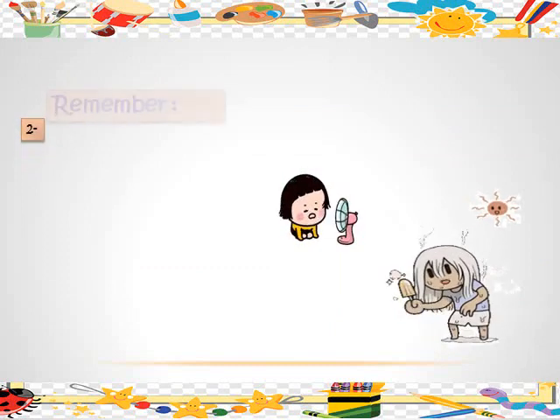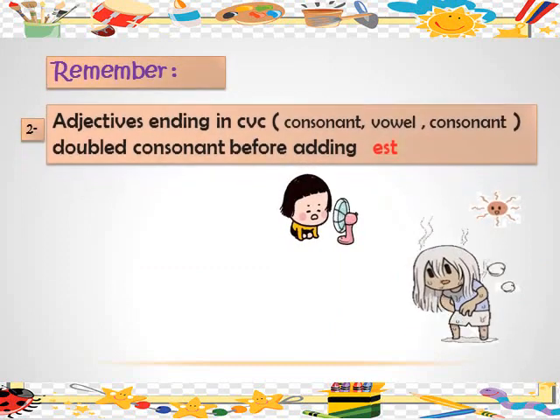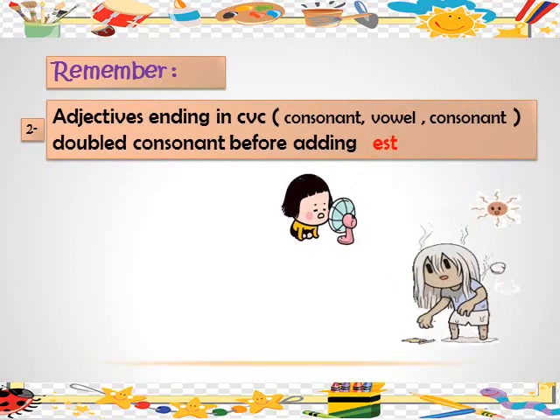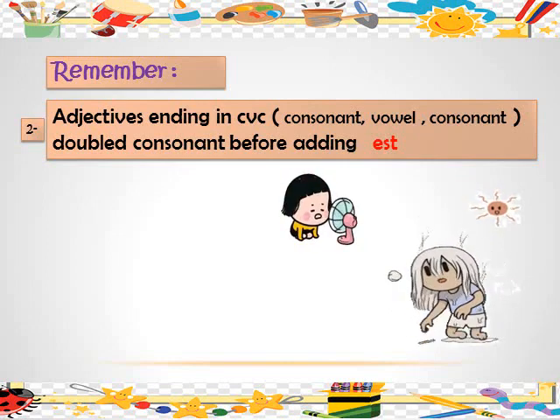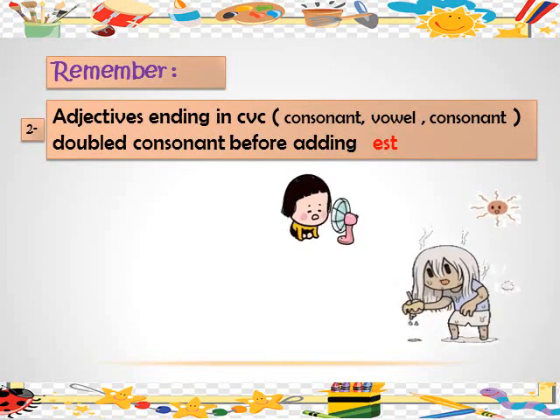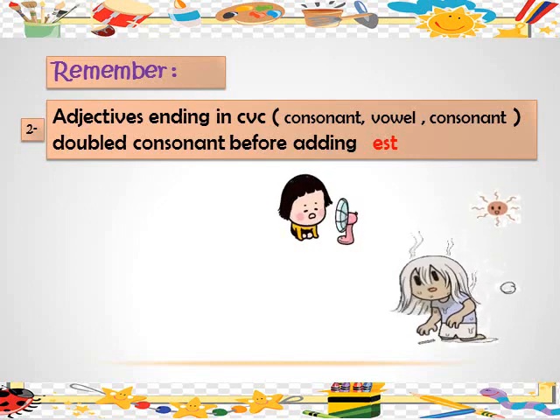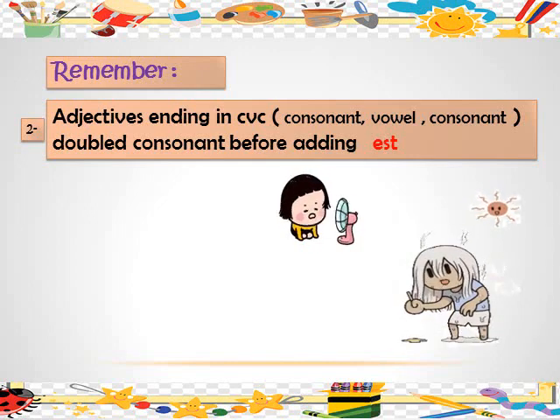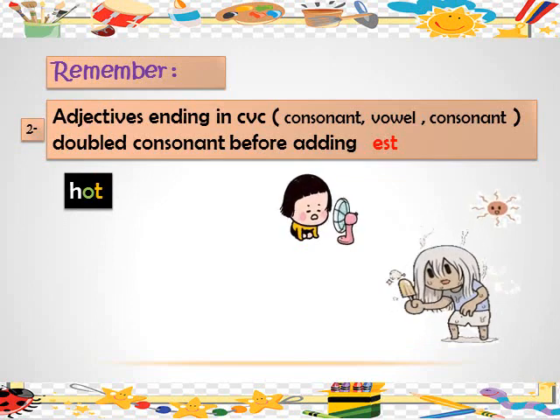Now, remember two. Adjectives ending in CVC. Do you remember what's the meaning of CVC? Yes, it's consonant followed by a vowel followed by a consonant. We have to double the consonant before we add "est". Like the word hot.